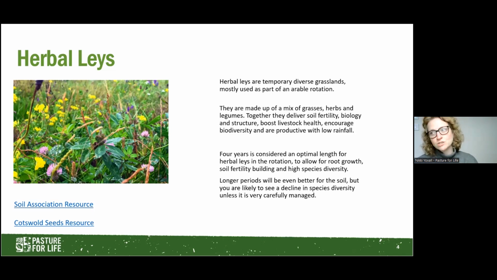I think it's important to remember that these seed mixes are designed for a particular purpose. From a personal point of view, I think that perennial, permanent pastures with native plants offer so much and shouldn't be overlooked. But within an arable setting, herbal lays can deliver huge amounts of benefit, not only to the livestock, but also to that wider arable system.